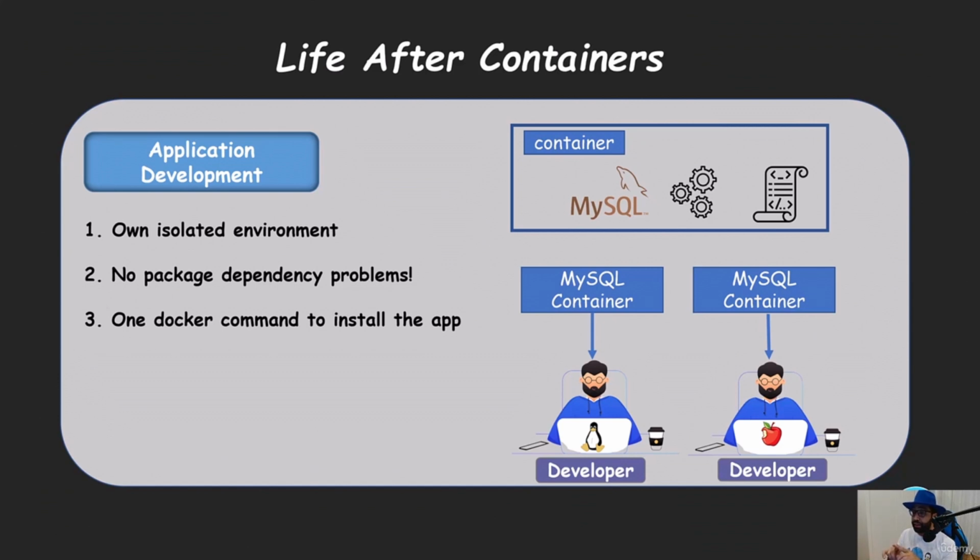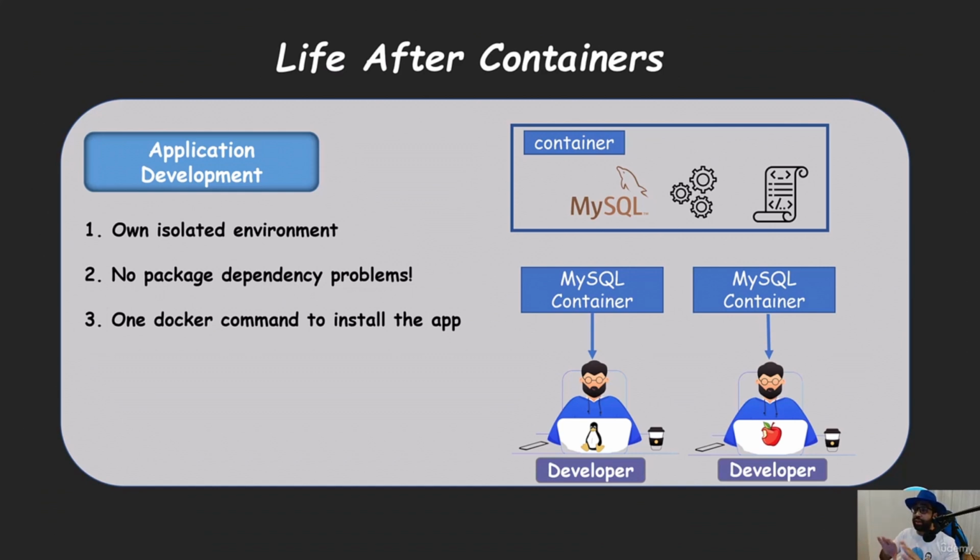So by creating that own isolated environment, you actually made it much easier to develop as a developer, okay? Why is that? Because now there are no package dependency problems. This actually solves the issue that the installation process will be different across various operating systems.